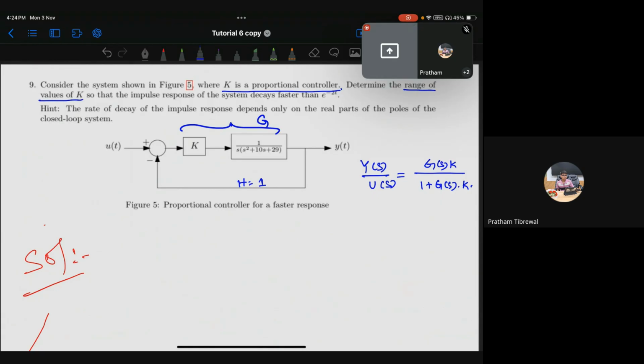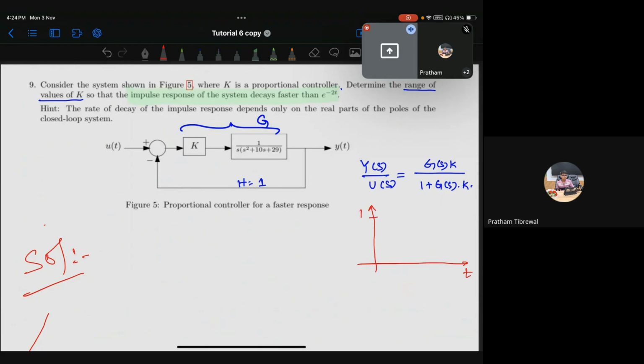range for k, so that, and this is important, the impulse response of the system decays faster than e power minus 2t. That means what?